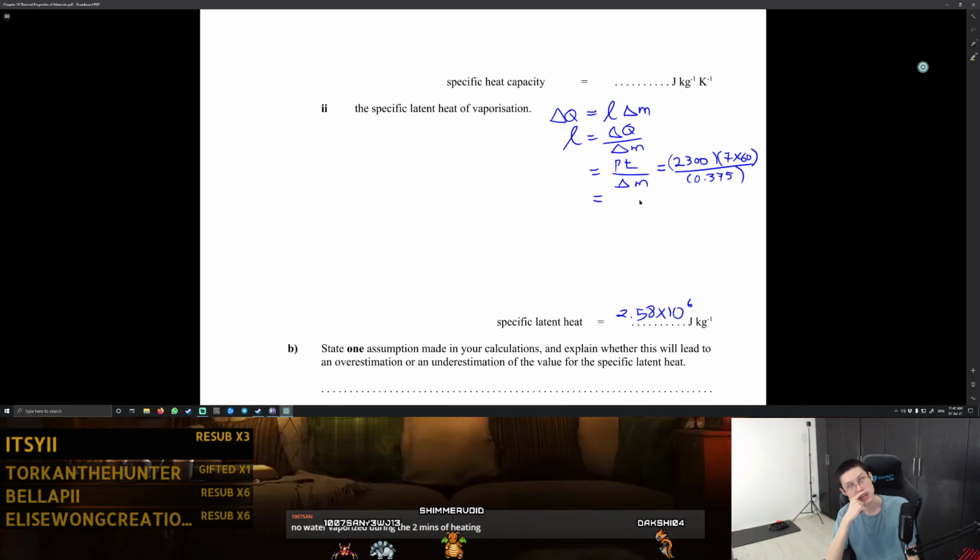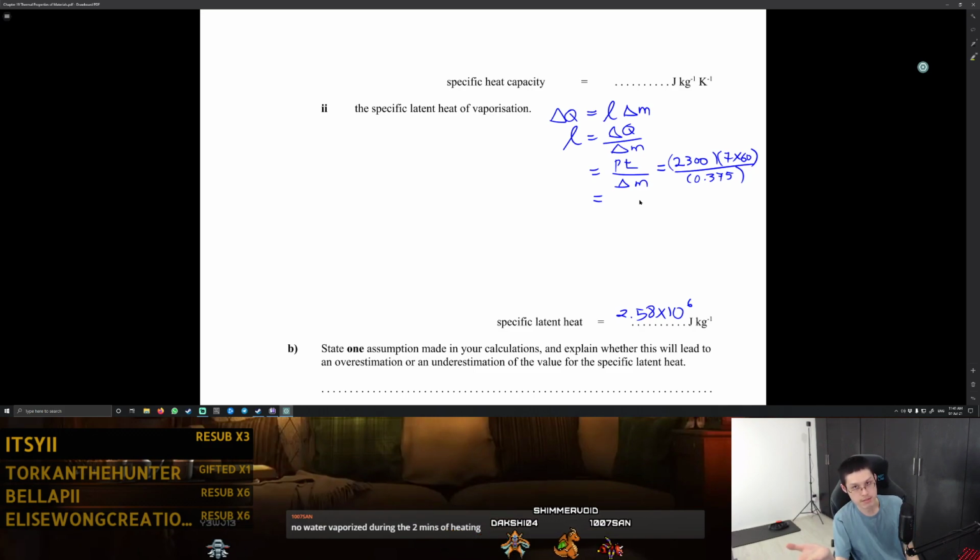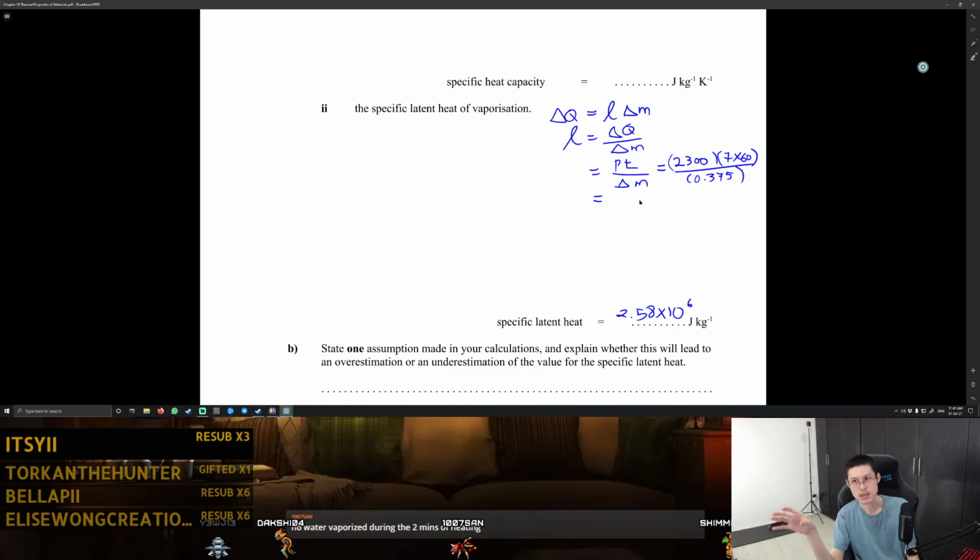Oh wait, I don't think you actually include the constant rate of evaporation when you're boiling something. When you're boiling something and it's changing from liquid to gas, it is also accounting for the evaporation rate as well. So you don't have to treat them as separate things. So this is actually already accounting for that. So if you're going with that and saying that during the first 2 minutes there's no water vaporized, would that affect any of these calculations here?